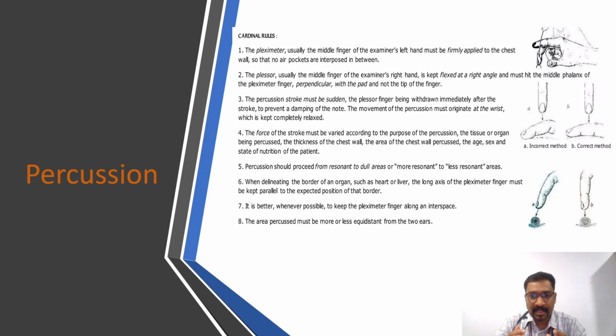The area percussed must be more or less equidistant from the two ears, because you need to really hear the thing. It is not just important to hear, but the feeling is also important. Especially when you get a pleural effusion stony dull, you will find a sensation of pain when you tap your finger, perceived in the pleximeter finger.